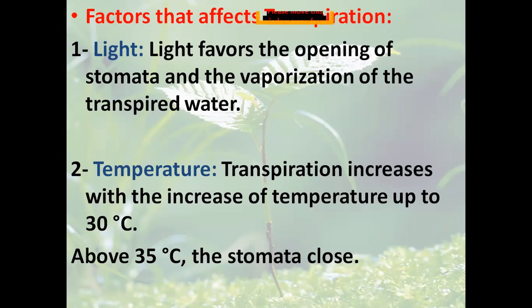Temperature. As temperature increases, transpiration also increases. So transpiration and temperature are proportional. But wait a minute, this is up to a certain level, up to 30 to 32 degrees.